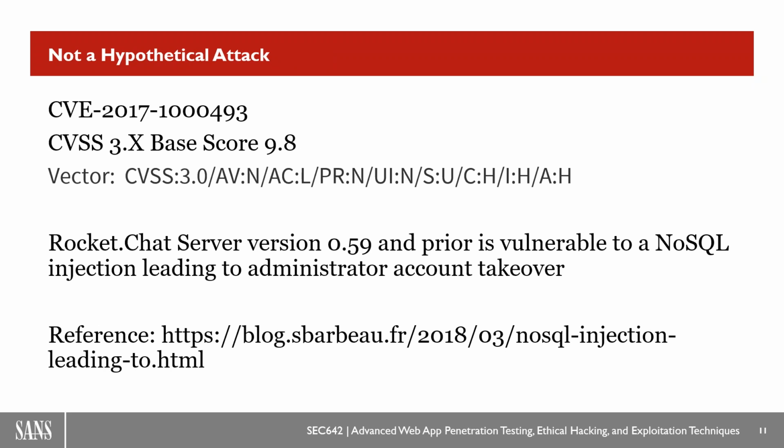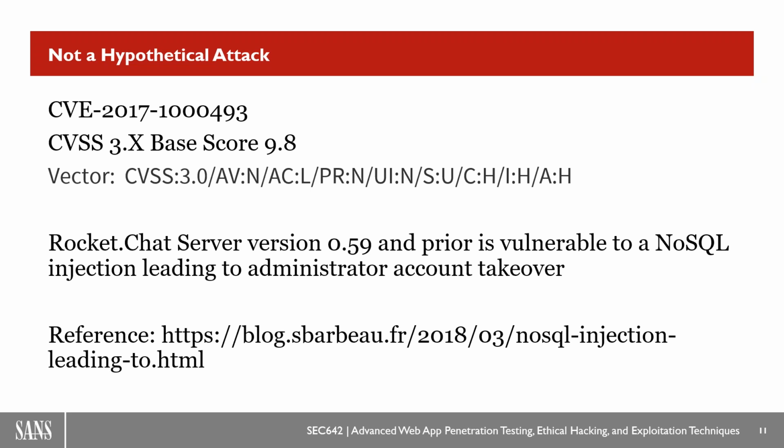CVE-2017-1000493 had a CVSS version 3 base score of 9.8, which is pretty darn close to a perfect 10. It's an application called RocketChat Server that is vulnerable to NoSQL injection.